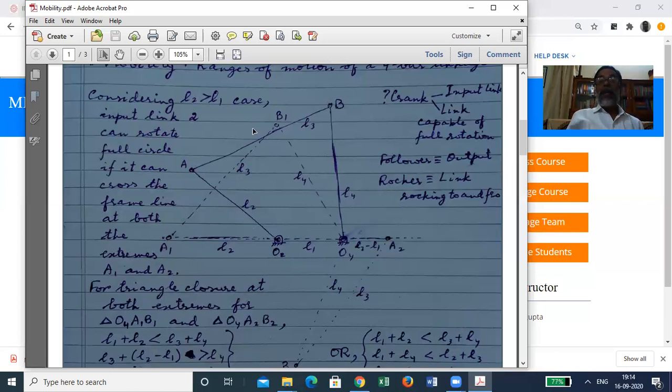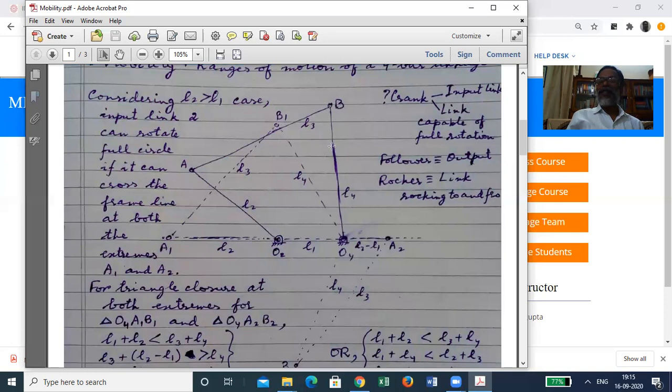And then if you fix this, then what will happen? Then both will be rocker, this side as well as this side, because if link 3 could not move full circle relative to 2, then link 2 also cannot move full circle relative to 3, and same thing on this side between link 3 and 4.